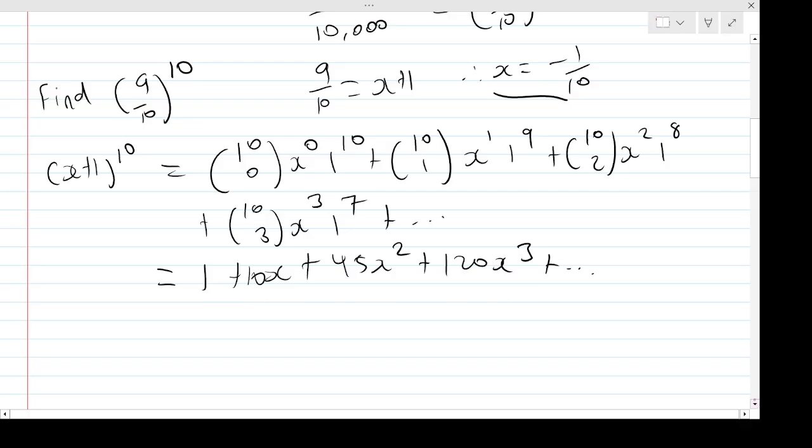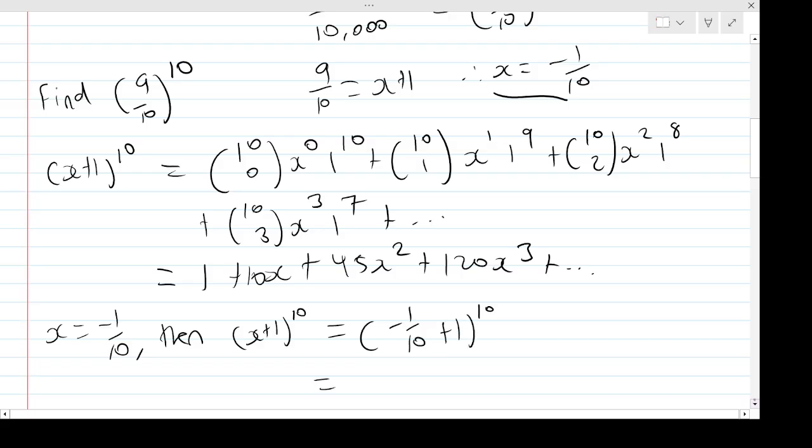Okay, if I do that, x is minus a tenth. If I plug that in, then x plus 1 to the 10 is going to be equal to minus a tenth plus 1 to the 10.